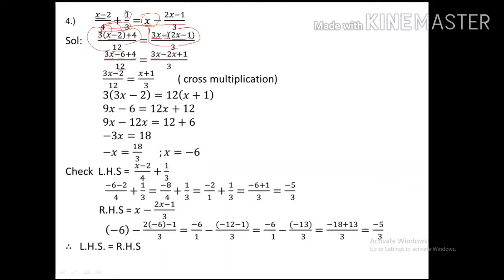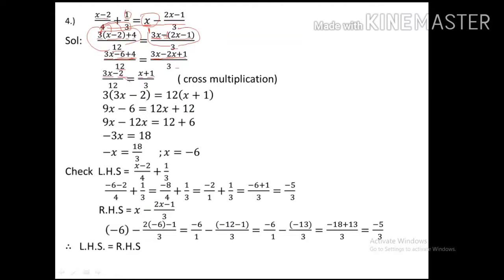So it will come minus 2x and plus 1 whole upon 3. Now when we solve, it will come 3x minus 6 plus 4, minus 2 equals to 3x minus 2x, when we solve, it will come x plus 1 upon 3.